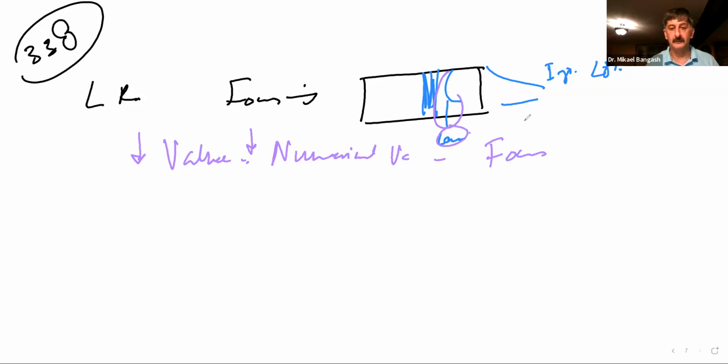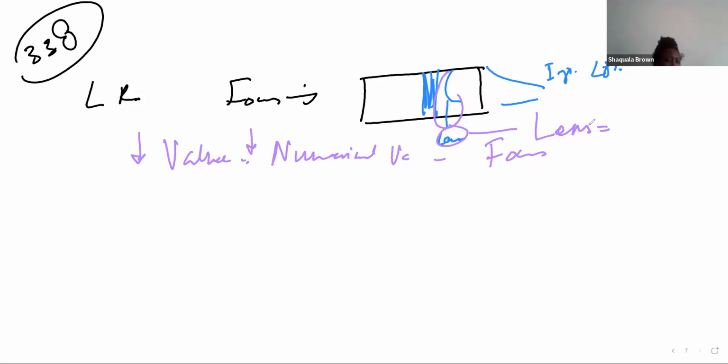What do we call the kind of focusing where we use a lens? Phase? No, phase was electronic.